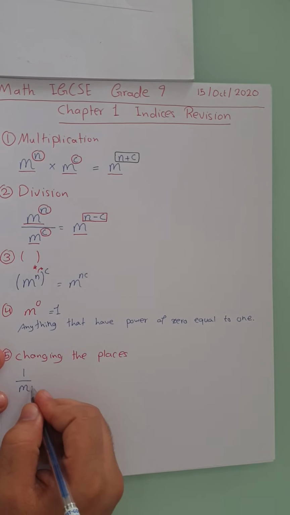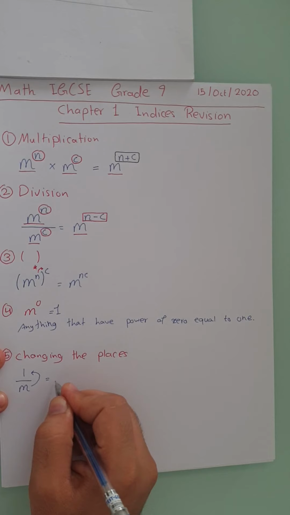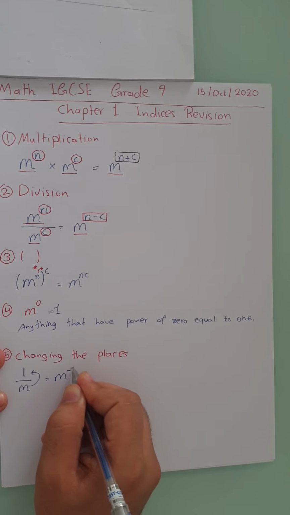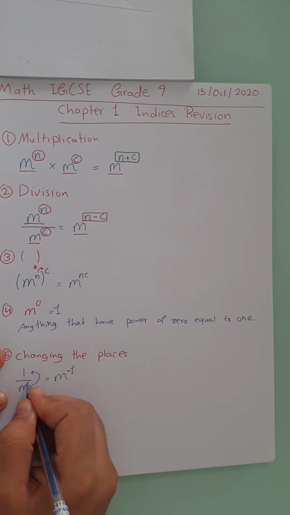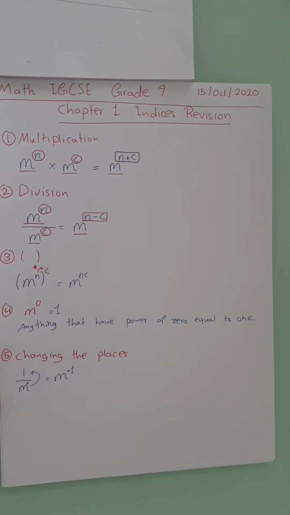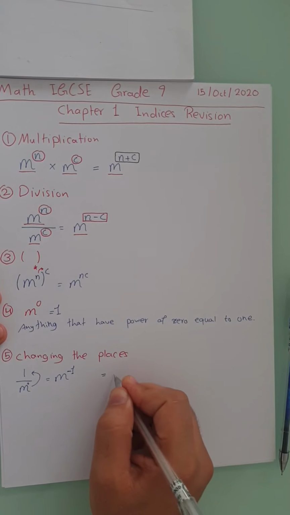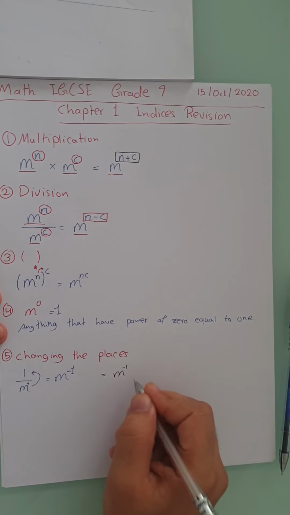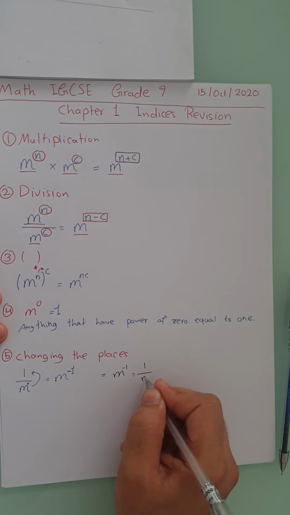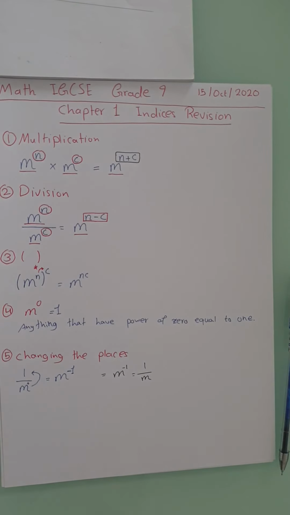So if I want to change it up here, it's going to be m to the power of negative 1. It was positive 1, and when it changed, it became negative. So changing the places of the values will result in changing the sign of the powers. And vice versa as well. If I have m to the power of negative 1, it is actually equal to 1 over m. It is the same thing.